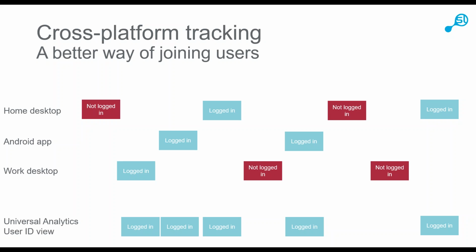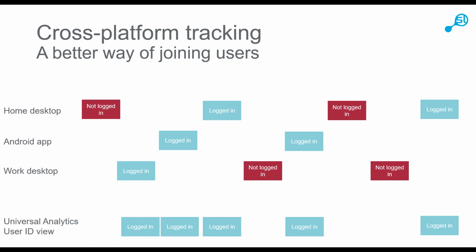Now, a massive problem with this, which really holds it back from being a great feature, is that if you're not logged in, those sessions and hits do not get included in that view. And like probably most of you will imagine, most websites' visitors and sessions are anonymous visits, so it misses a lot of that information out.